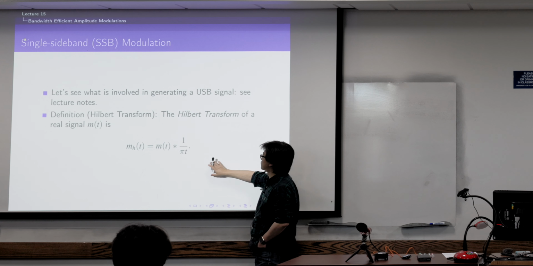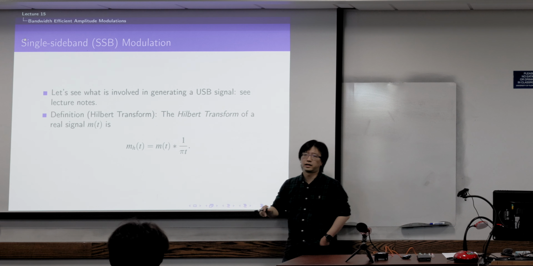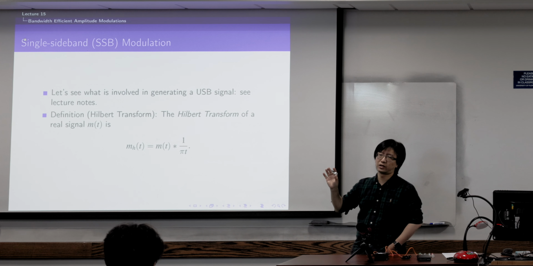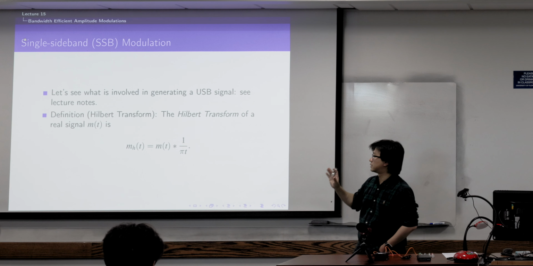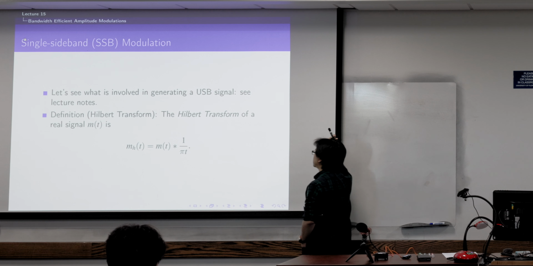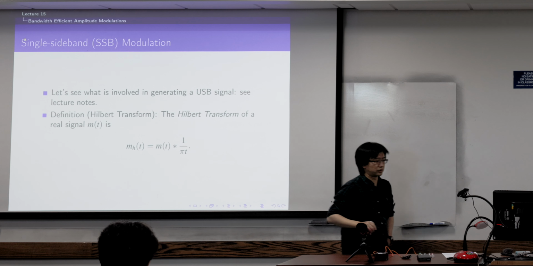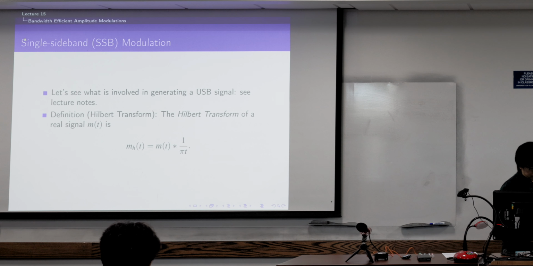If we do this convolution, it's called the Hilbert transform, so we have a special name for it. Technically, it's not really a transform, because it's a convolution, but conventionally we call this the Hilbert transform. That is very important.